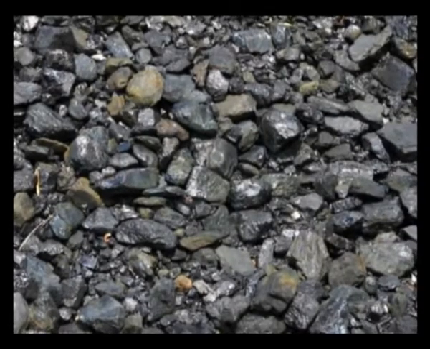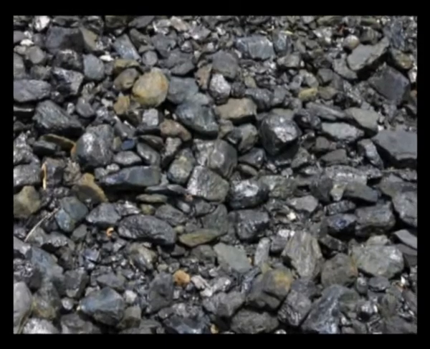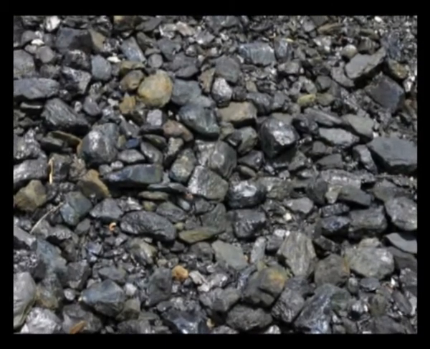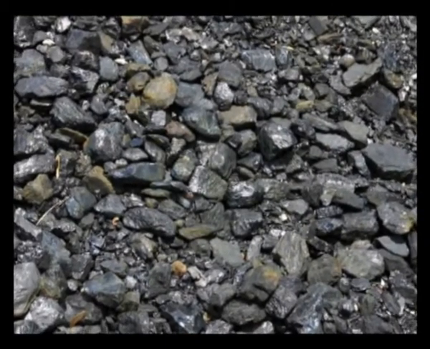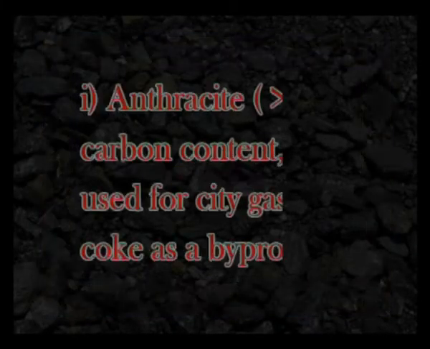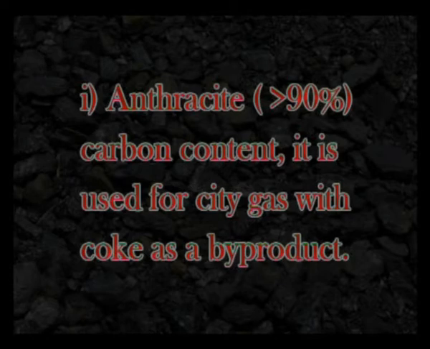Mineral fuels. These include coal, which is of types anthracite, bituminous, lignite and peat, and petroleum, crude oil, and natural gas. Coal is a solid black mineral made up of carbon, hydrogen, oxygen and nitrogen in varying proportion. In terms of fixed carbon, coals are classified into anthracite, more than 90% carbon content.